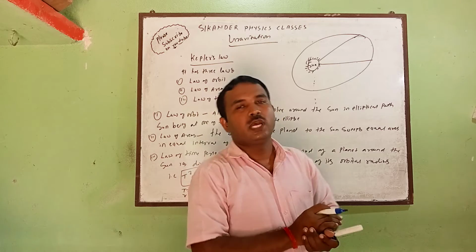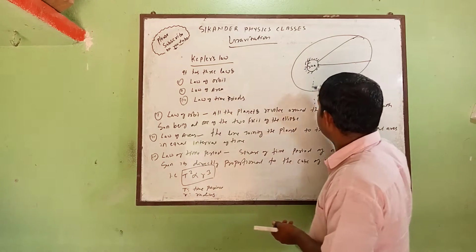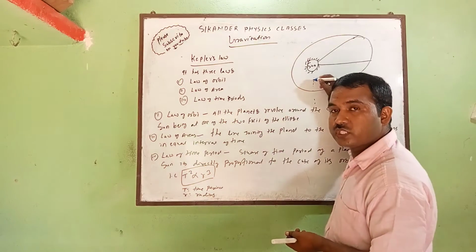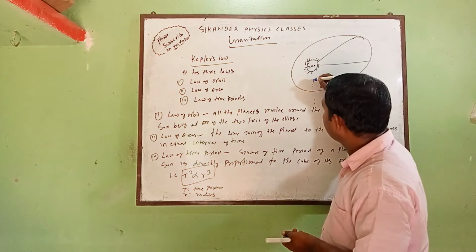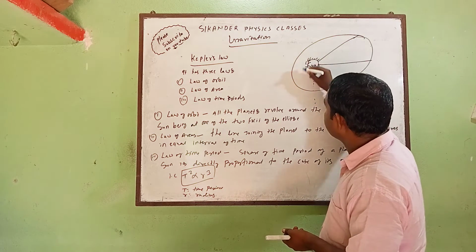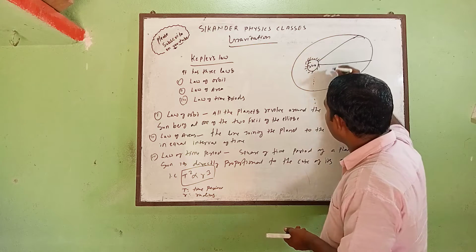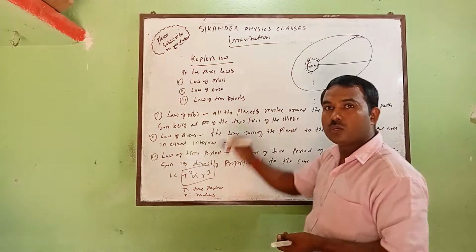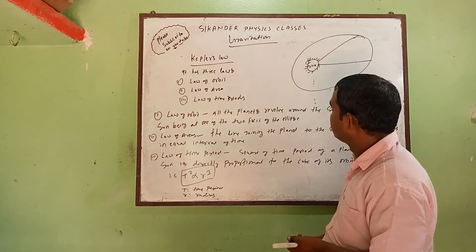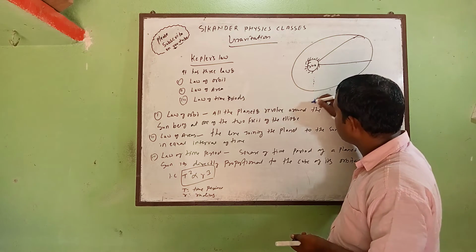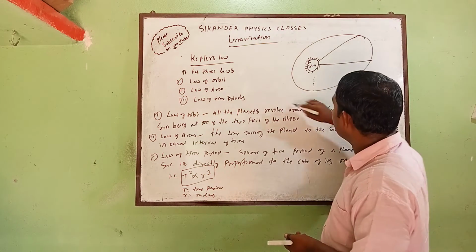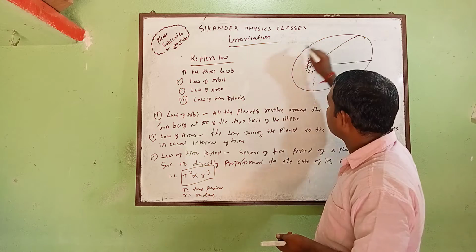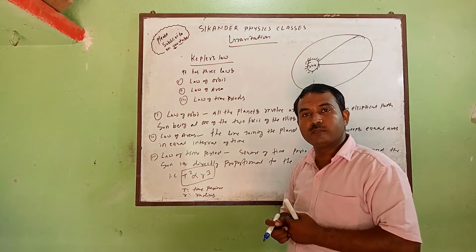Those which are close to the Sun take less time to complete one circle, or to complete this path. But those which are away from the Sun have to move a longer distance, so they take more time.